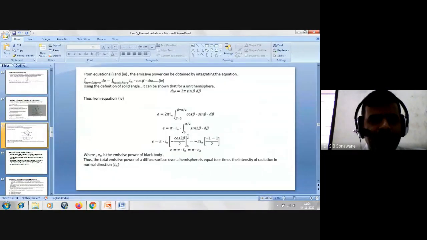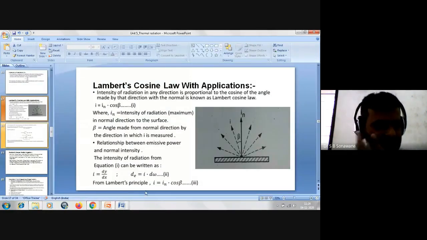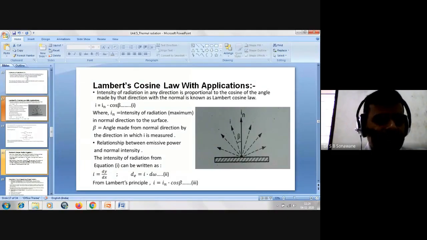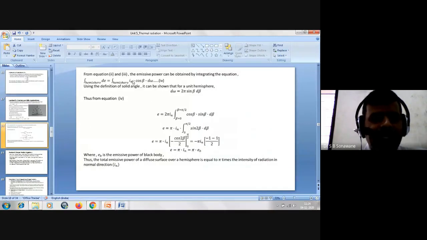If you substitute I equal to In cos beta here, you will get dE equal to In cos beta d omega, that I have written here.